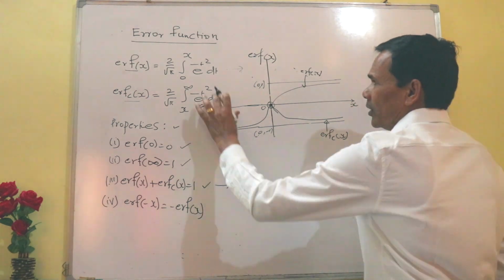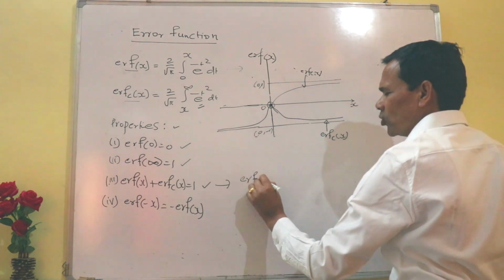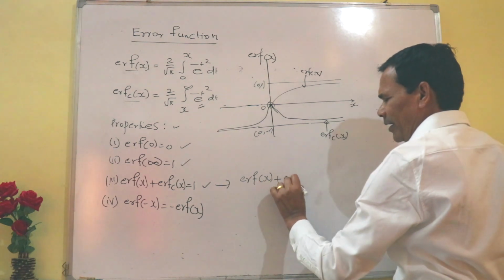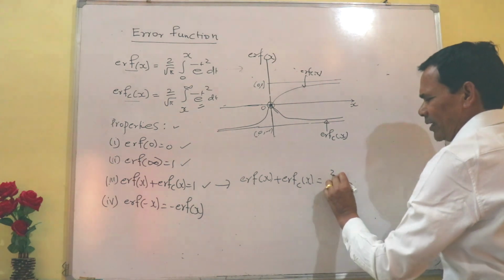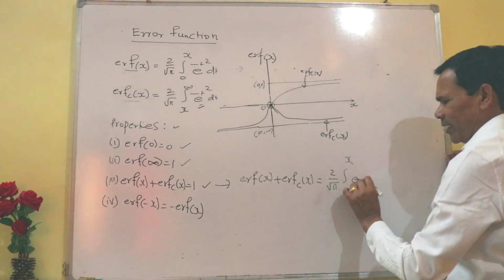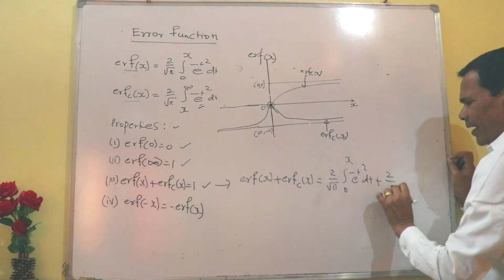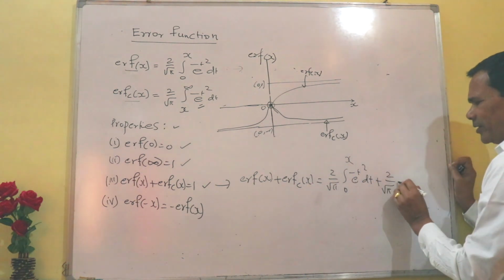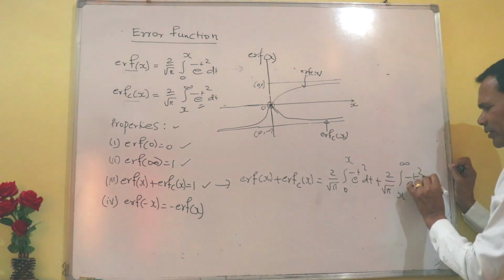Error function of x plus complementary error function of x is equal to 2 upon root pi integral 0 to x e raised to minus t square dt plus 2 upon root pi integral x to infinity e raised to minus t square dt.